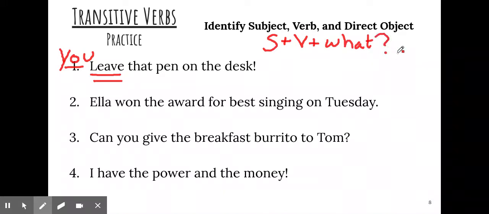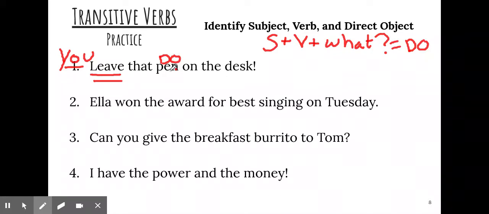Subject plus verb plus what is going to give us the direct object. So you leave what? Pen is going to be the direct object in this sentence. We could check for an indirect object by saying you leave pen for whom?